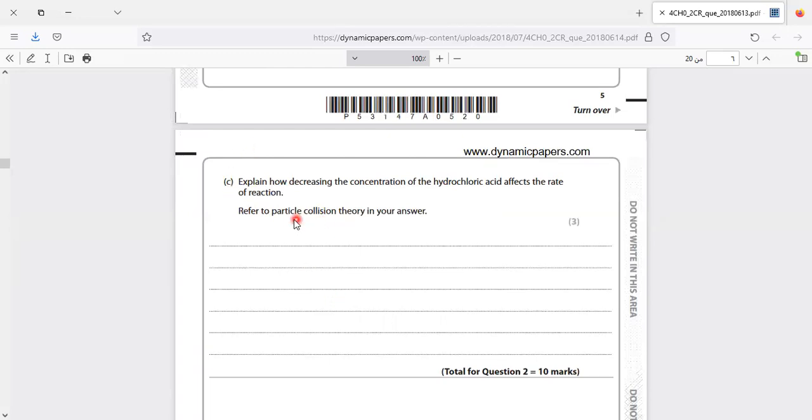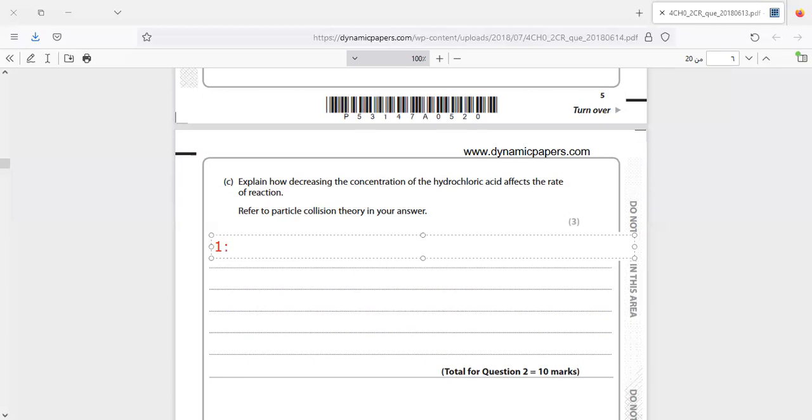You must refer to particle collision theory. If you decrease the concentration, there are fewer particles in the same volume. So there will be fewer successful collisions between the particles. Then the rate of the reaction will decrease.